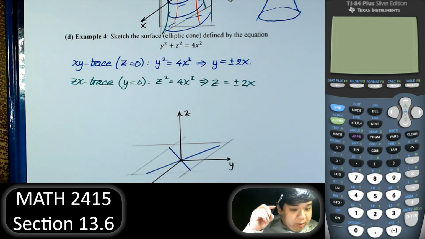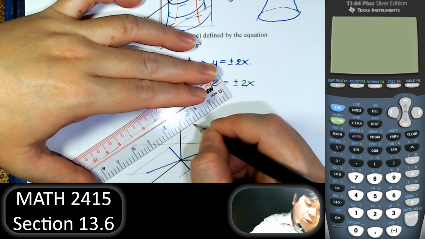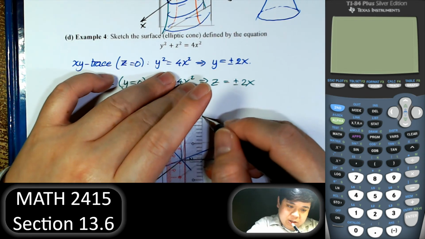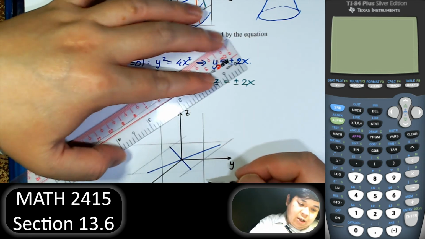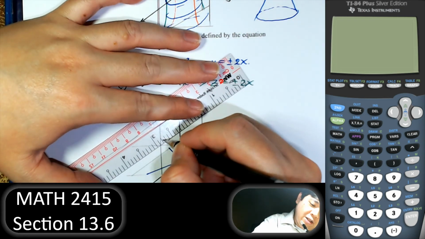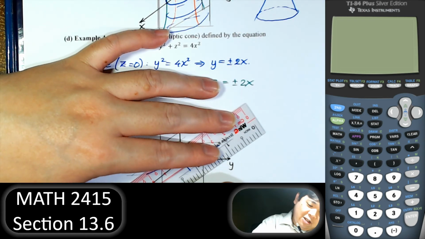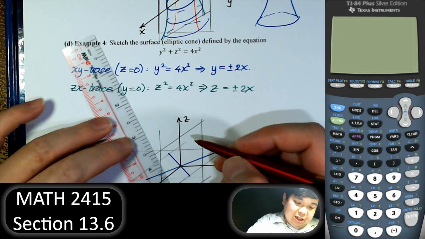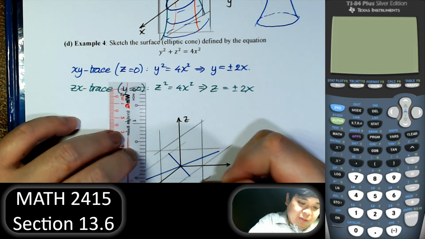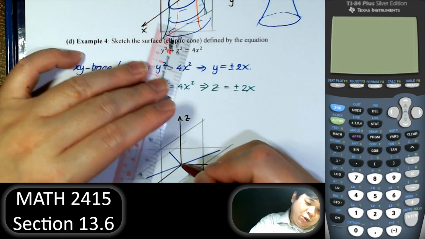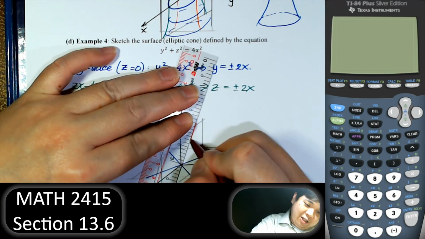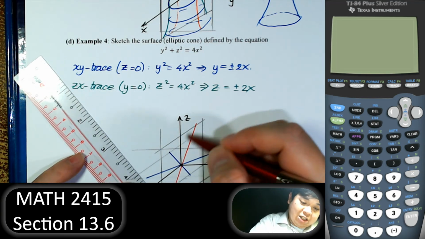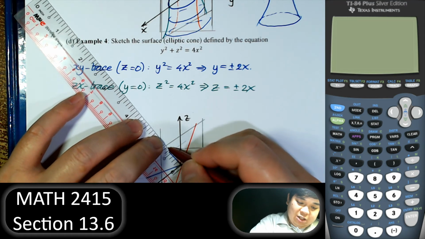Right, this is only going to be on z and x, so parallel to z and parallel to x. And once again, we're going to have two lines, z equal to 2x and z equal to negative 2x.